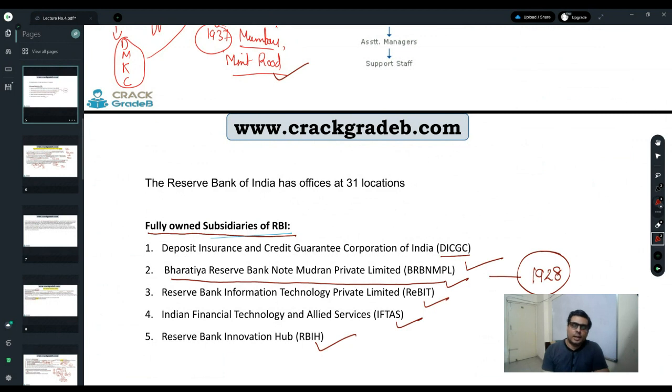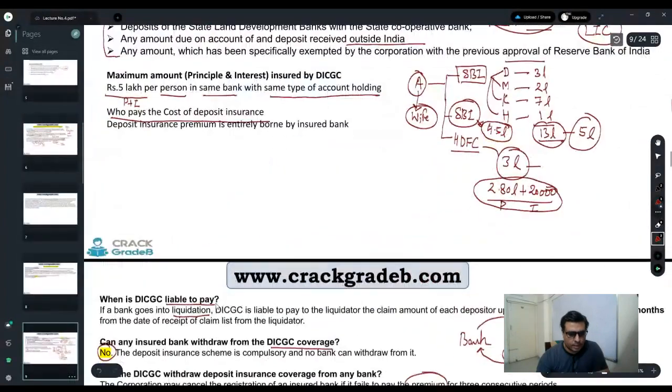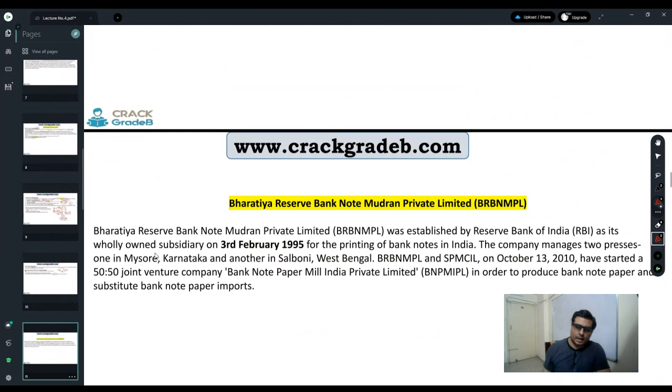Before 1928, these notes used to be printed outside India, obviously in Britain. So all these Indian paper currencies were printed in Britain, but later it was shifted to India, and note printing was started in India.